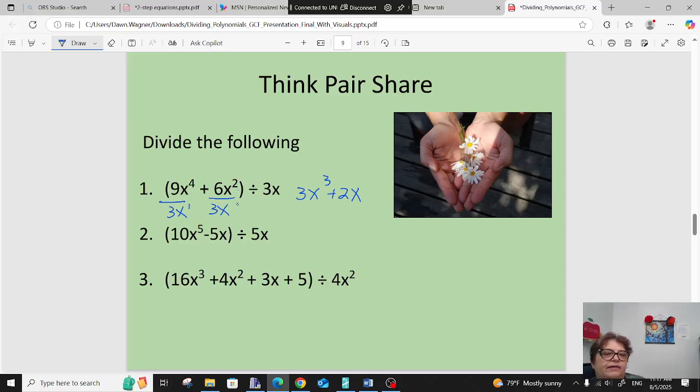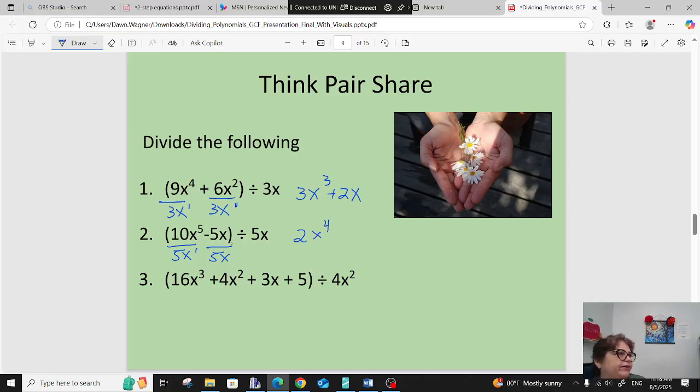X to the second minus x to the first is just x. Over here, 5x, 5x. A lot of people were putting x for the second one. You were not the only one, by the way. 10 divided by 5 is 2. We subtract those exponents. 5 minus 1 is 4.